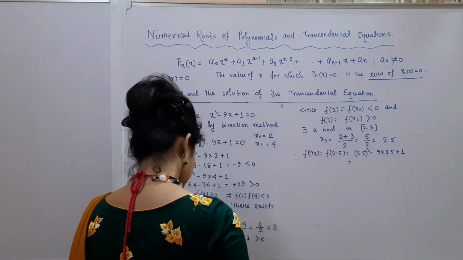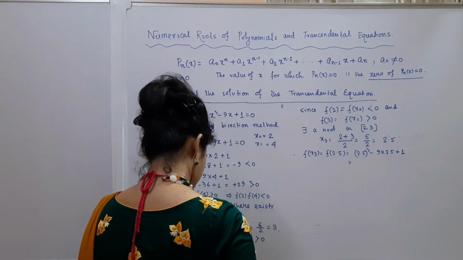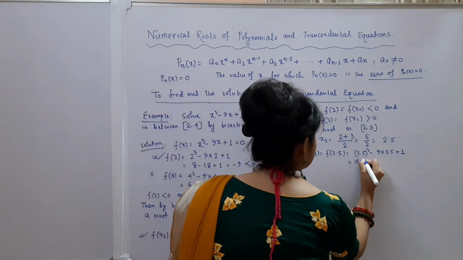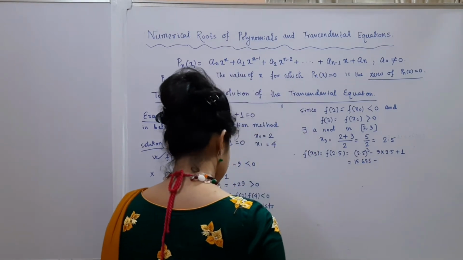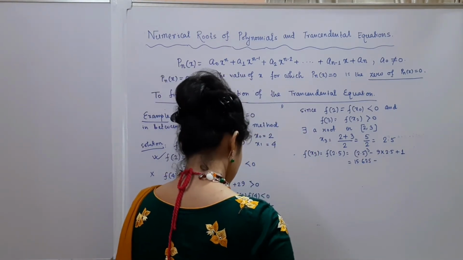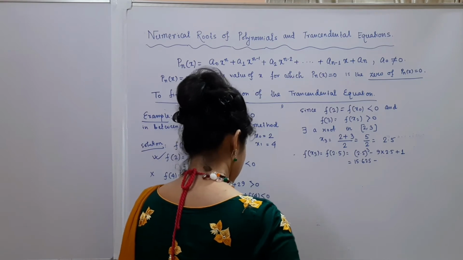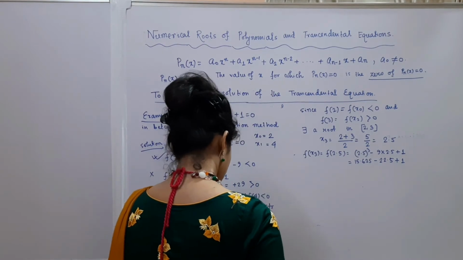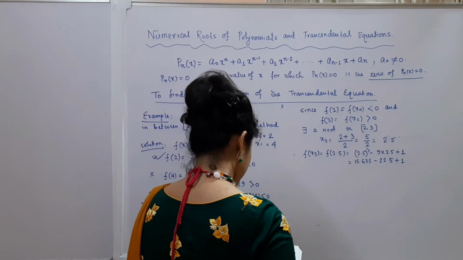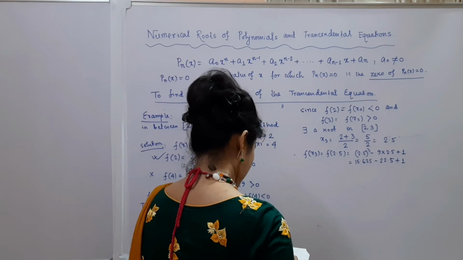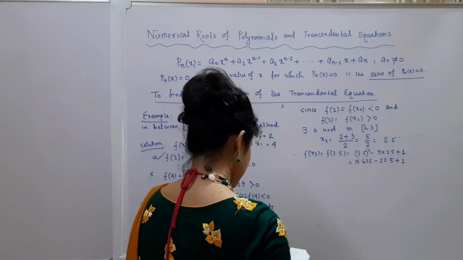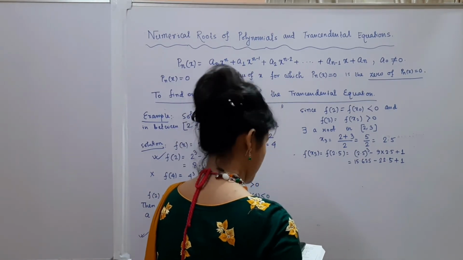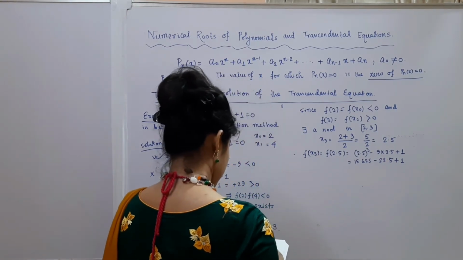So this shows that 2.5 into 2.5 into 2.5, this shows that 15.625 minus 9 into 2.5, this shows that 22.5 plus 1. So 15.625 plus 1 minus 22.5. Sorry.